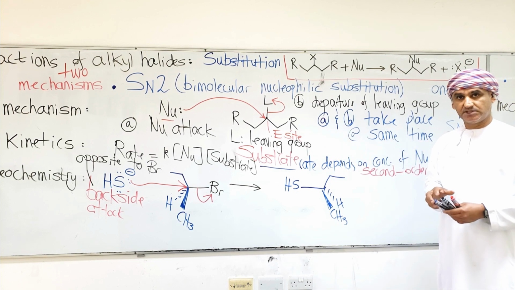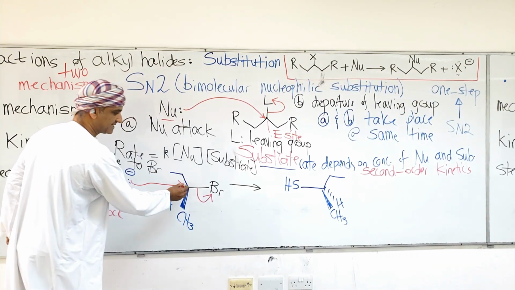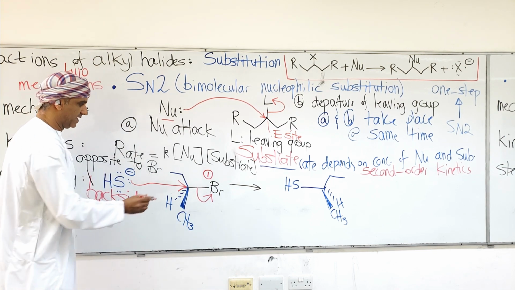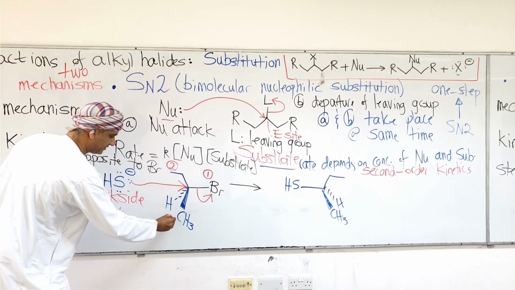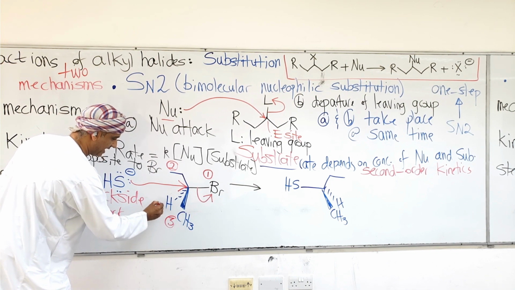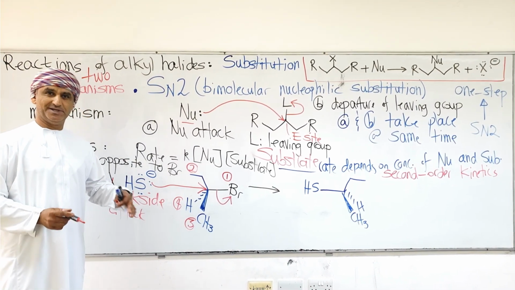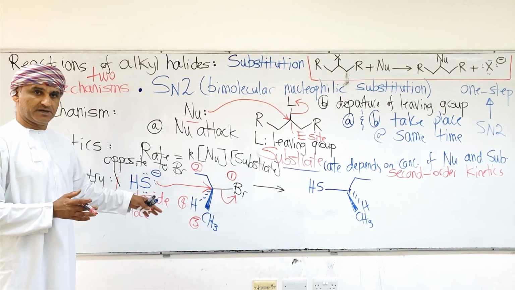If we check the absolute configuration in the reacting substrate, around the chiral center, you would give Br the highest priority, so that's 1. The ethyl group, you would give it the second priority, methyl group 3, and hydrogen 4. And the lowest priority group is viewed as if it's at the back, and it's drawn intentionally for that purpose.